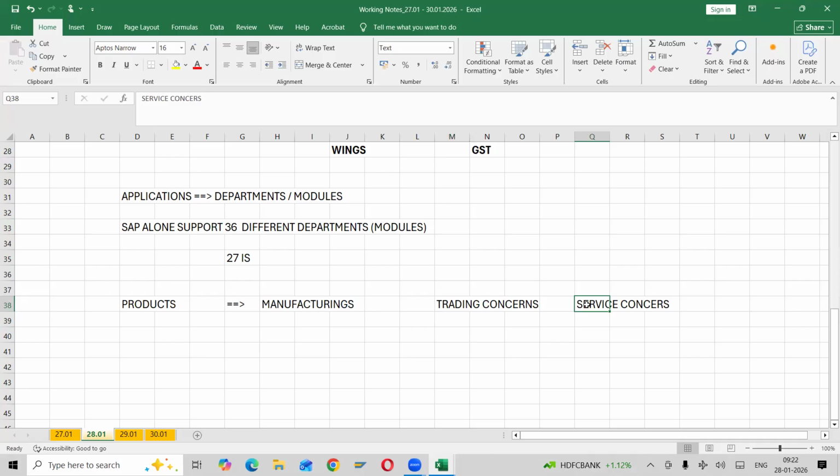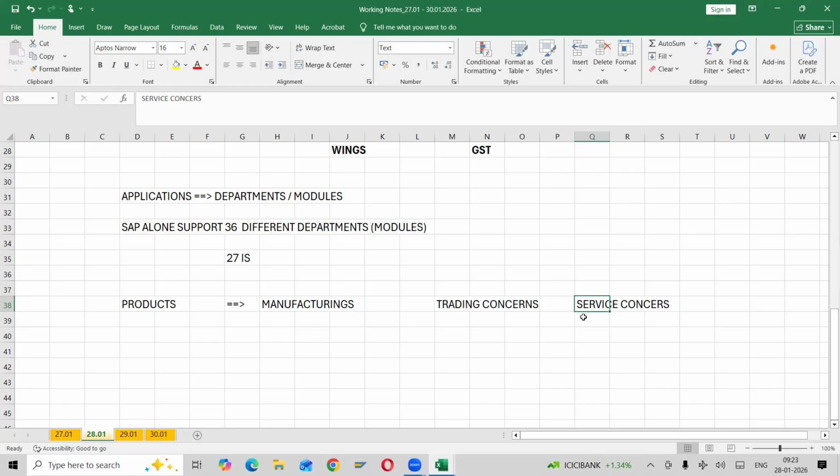I am in the banking sector, or any other educational sector, or real estate. Real estate will come under a trading concern. But still, a service concern is nothing but whatever receipts and payments are involved, no product inventory. For that also, SAP will provide the complete end-to-end solution.